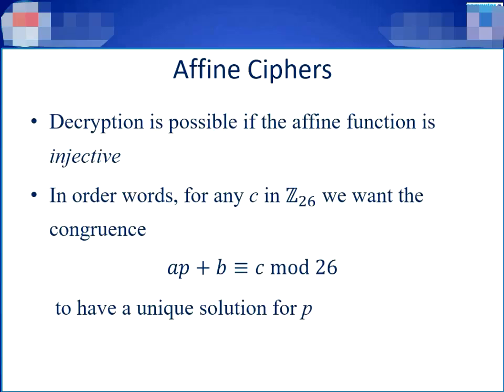For any number which belongs to the set of integers modulo 26, which we denote by Z with subscript 26, we need the congruence, that is the equation of this type, to have a unique solution. If this congruence has a unique solution, then we call it injective.